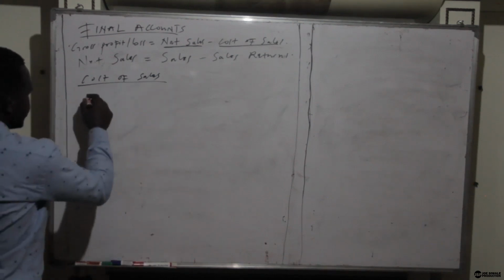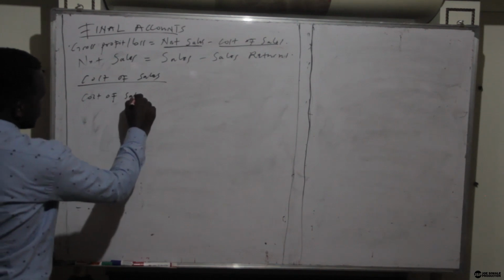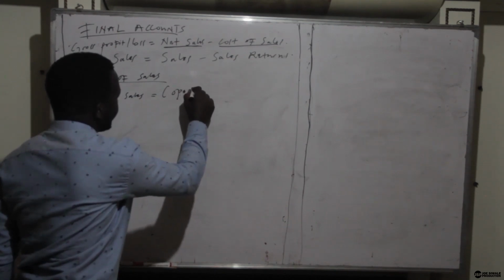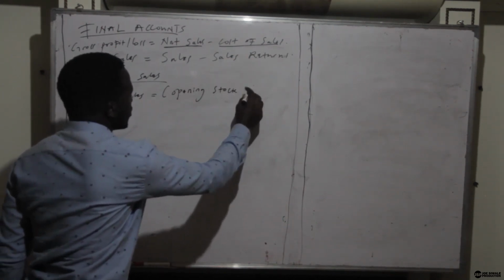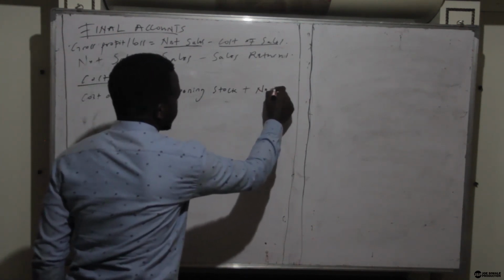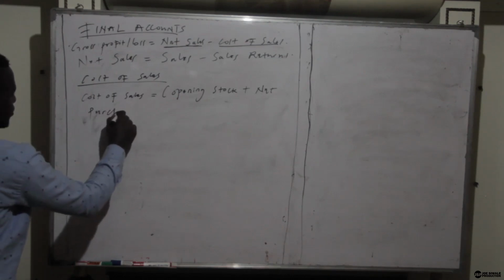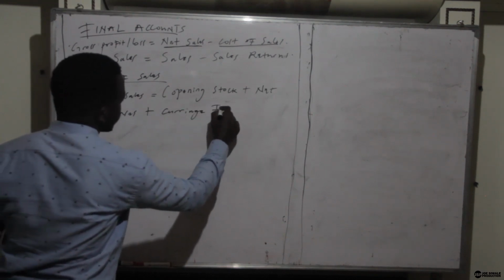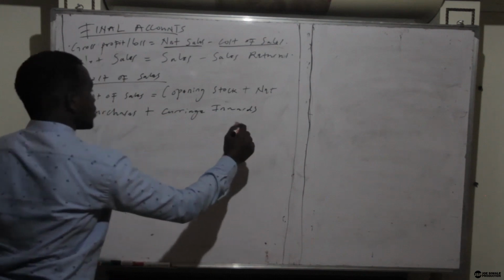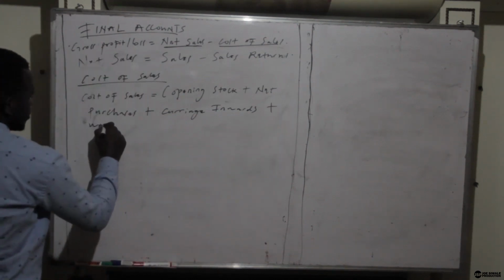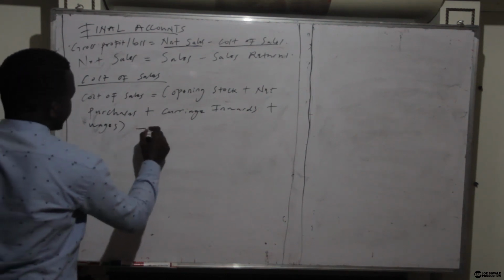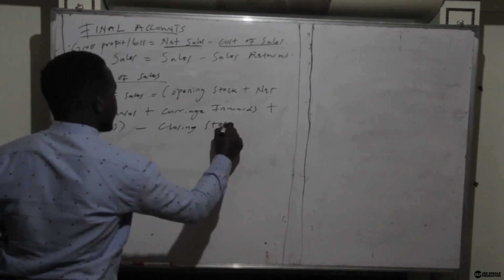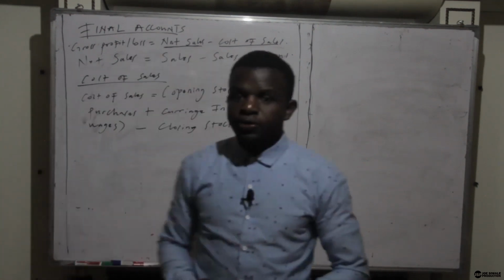The formula when finding cost of sales: cost of sales is equal to our opening stock plus net purchases, then plus carriage inwards, then plus wages, then minus closing stock. So this is the formula that we use.